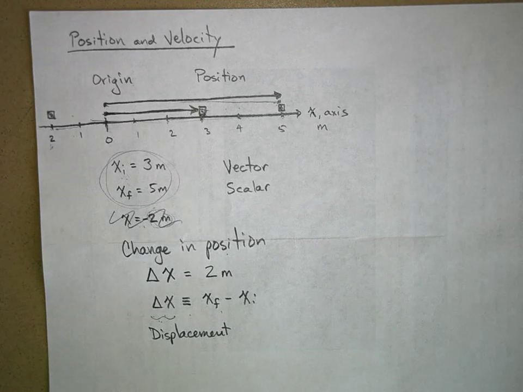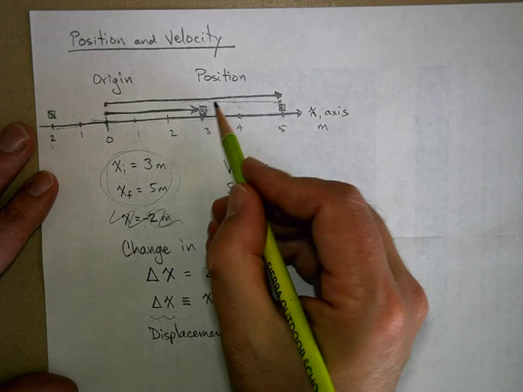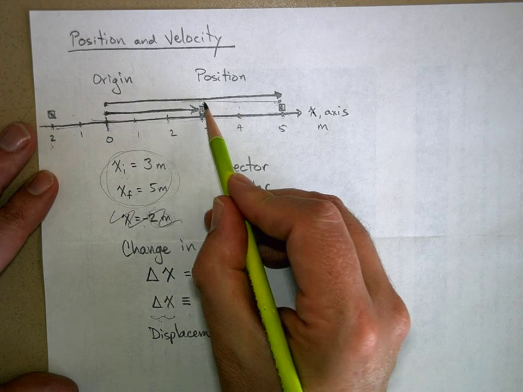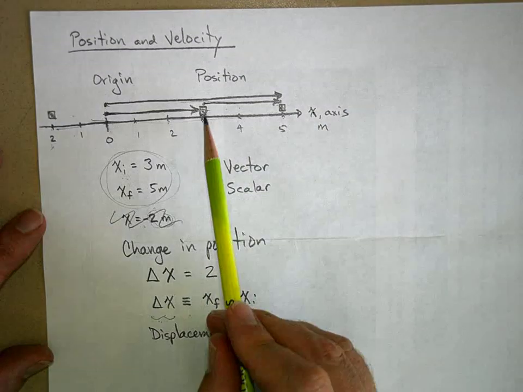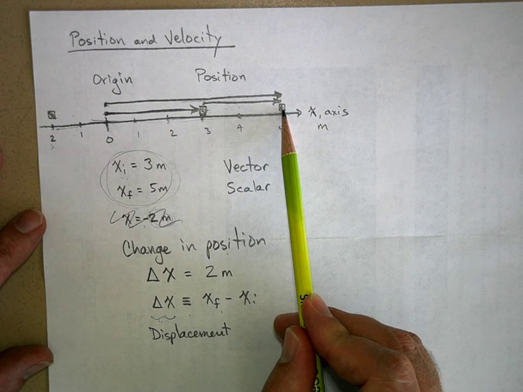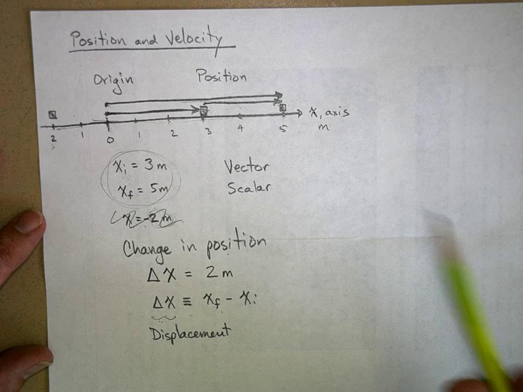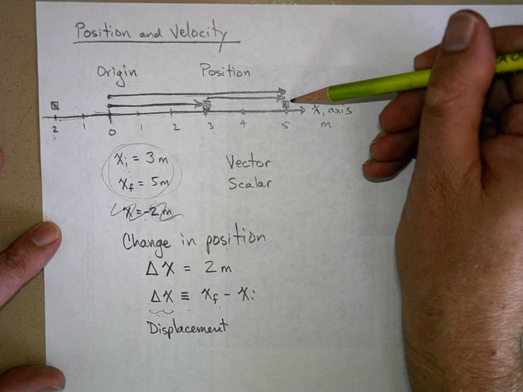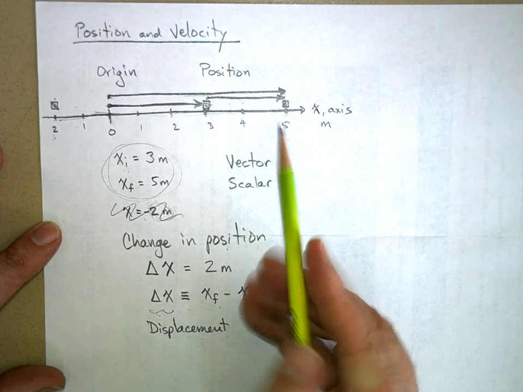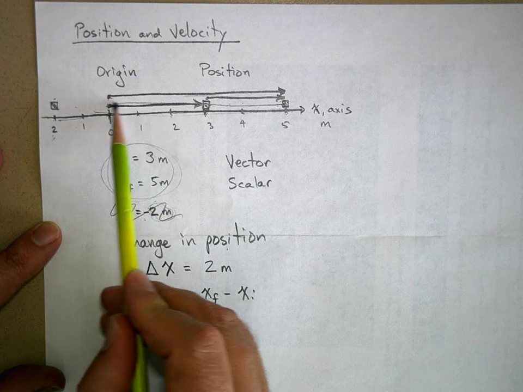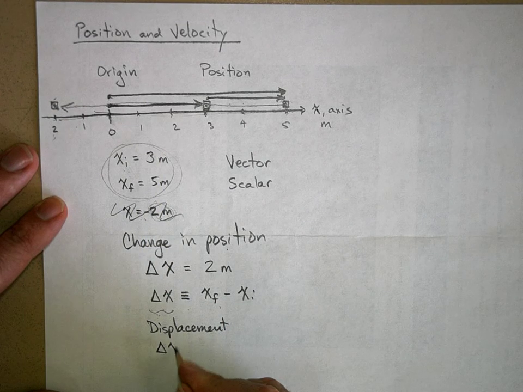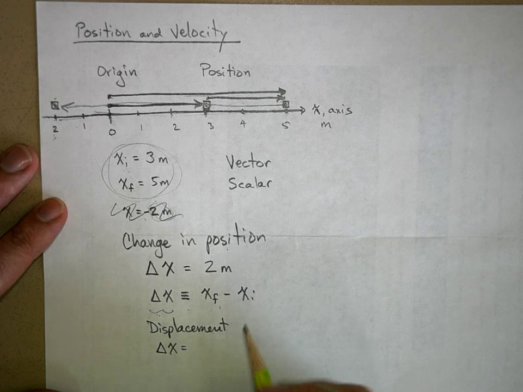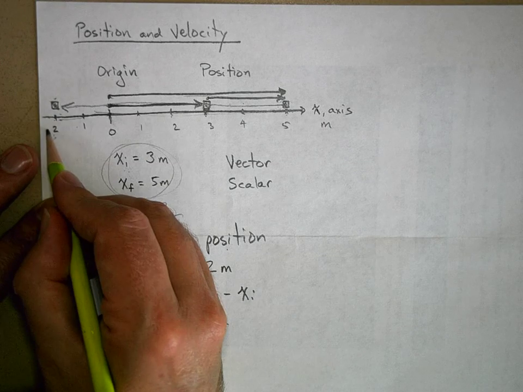The tail of the vector starts where the object started and the head ends at the final position. Well, what if this was my initial position and I move the calculator over here? Well, I draw an arrow like this, right? So delta x would be the final position, which is -2.